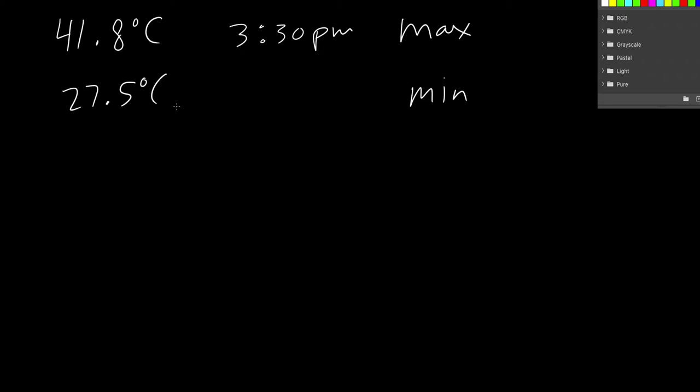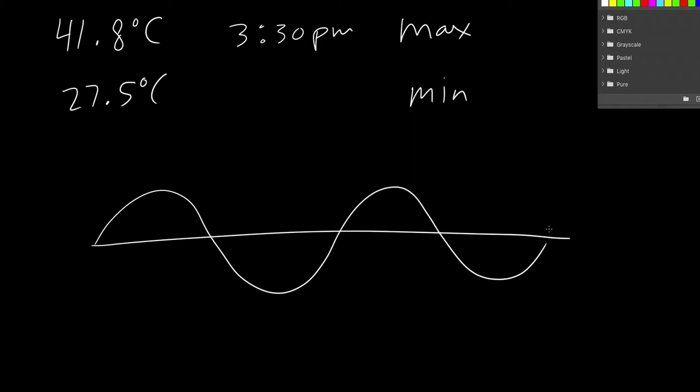Okay, so to find the median, like the middle of our graph, where we do this thing with our sine function, we're just going to take that high and that low, add them together, and then divide by 2. So in other words, 41.8 plus 27.5, divide that by 2.